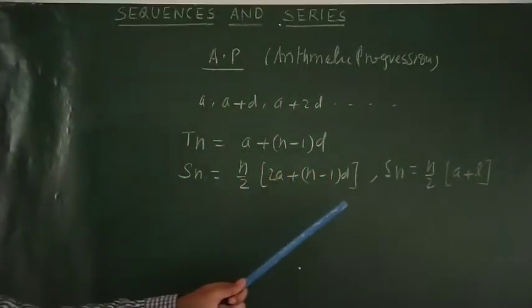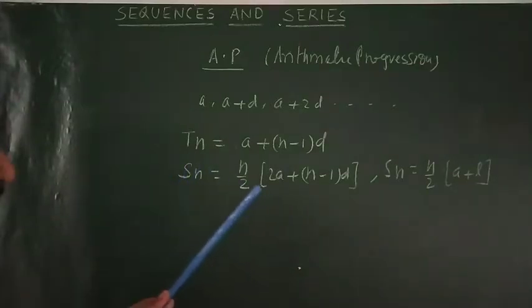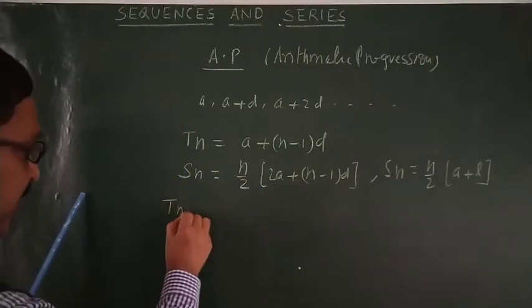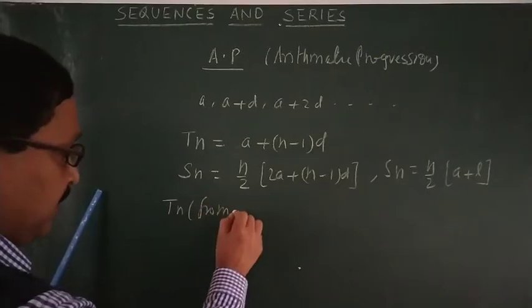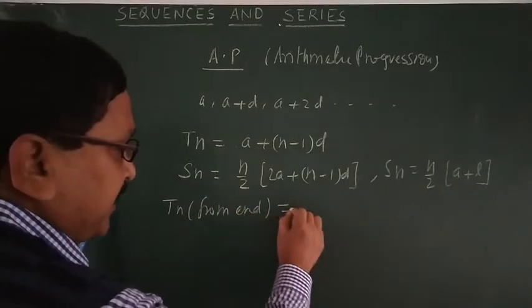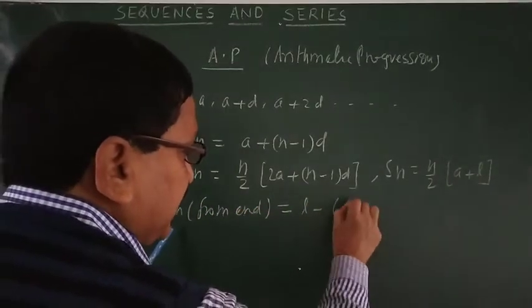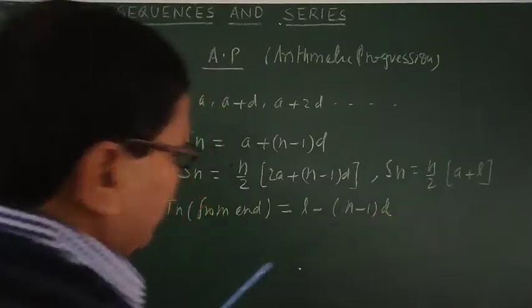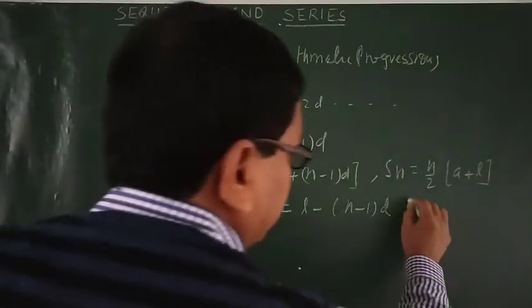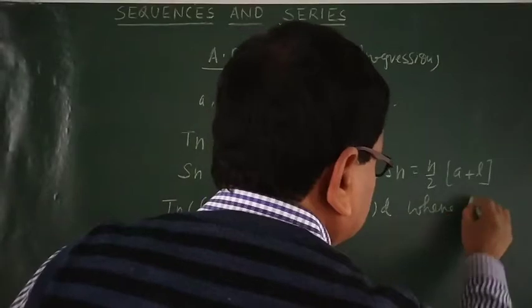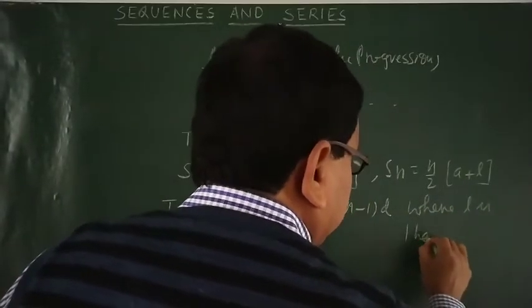All these formulas are used by you. One additional formula: Tn from the end is equal to l minus (n minus 1)d, where l is the last term.